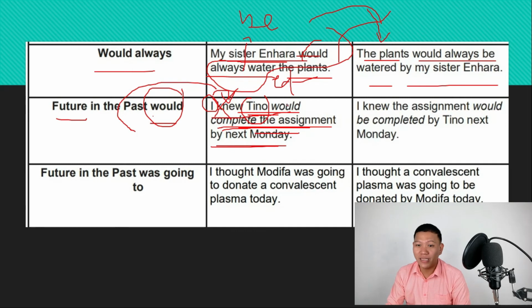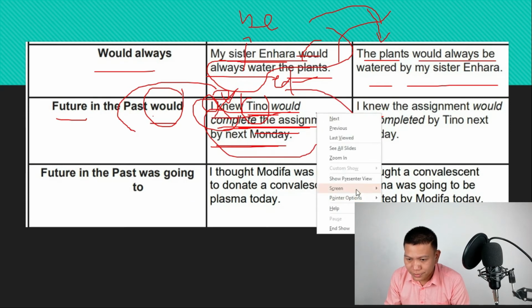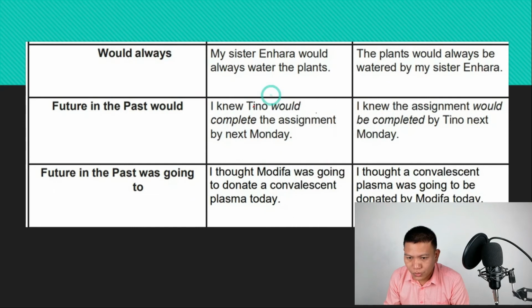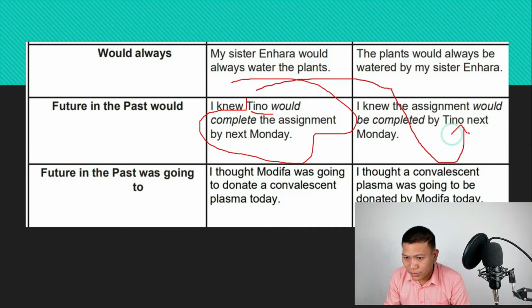So when we convert it, we take I knew, and then we will just convert, so we will just consider this one. So Tino will become the object. Okay.